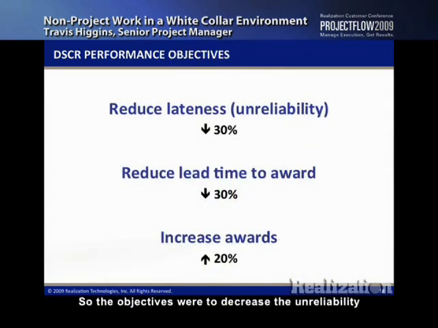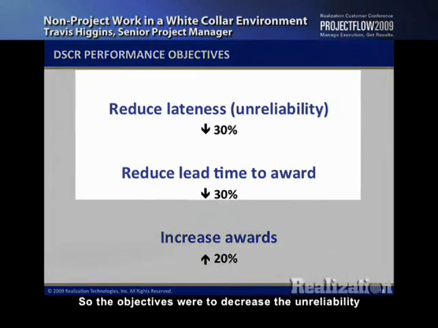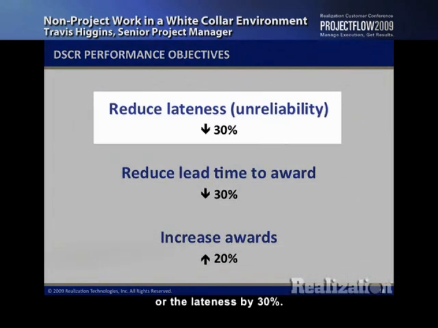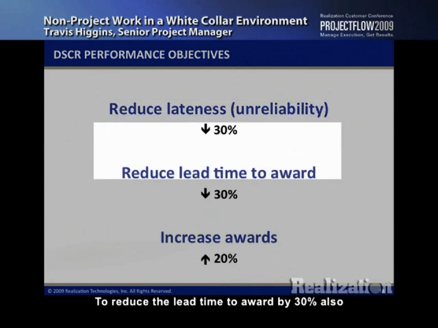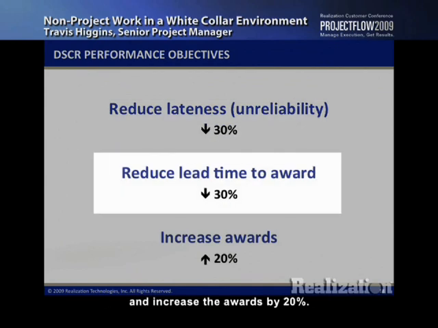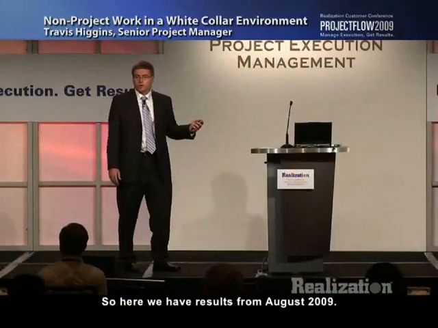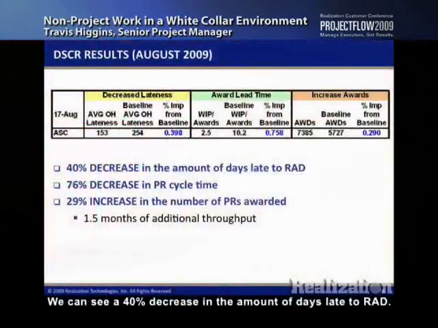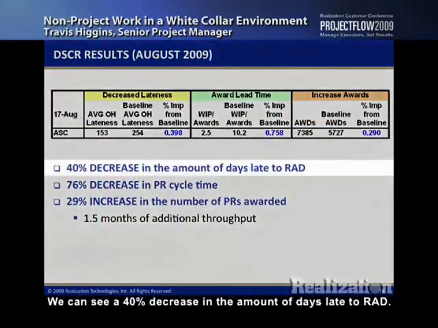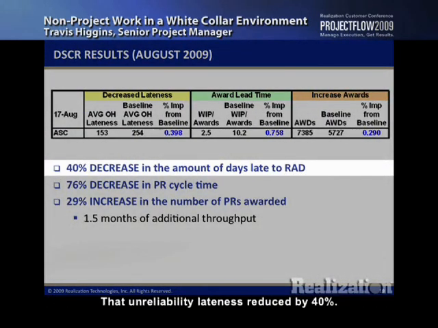So the objectives were to decrease the unreliability or the lateness by 30%, to reduce the lead time to award by 30% also, and increase the awards by 20%. So here we have results from August 2009. We can see a 40% decrease in the amount of days late to RAD, that unreliability, lateness reduced by 40%.